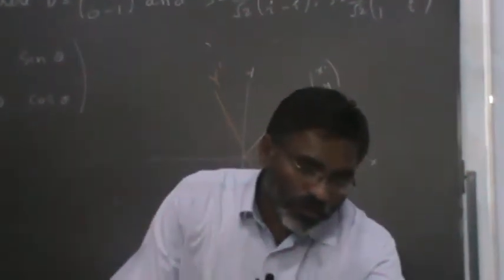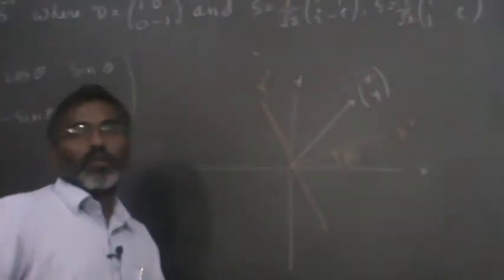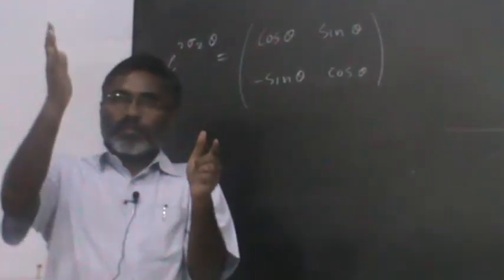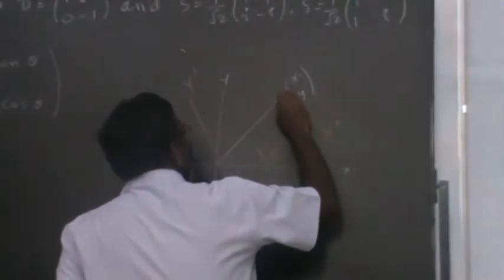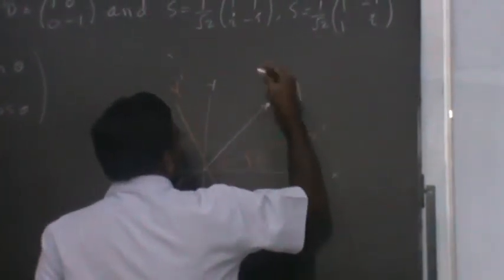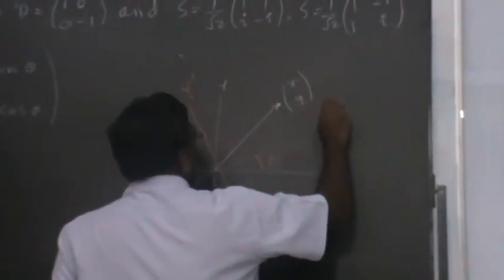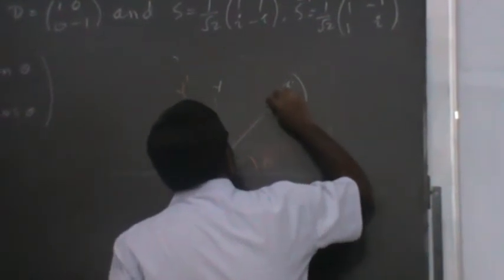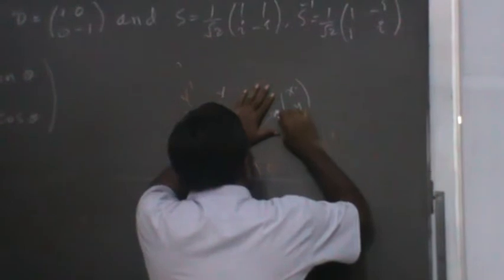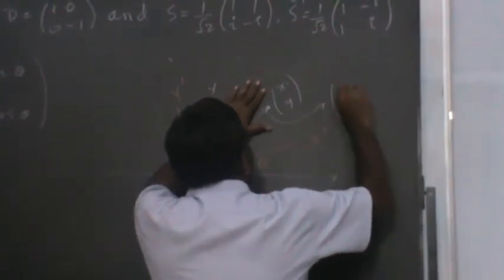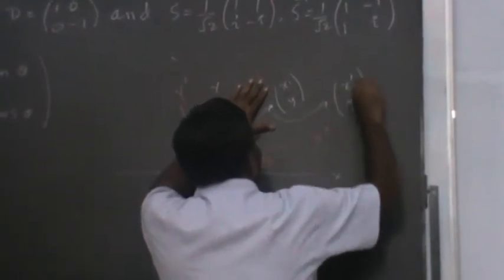Now you can ask the question, what is the transformation? The coordinate system is rotated from xy coordinates to the x prime y prime coordinates. So the same point with respect to xy is x comma y, and with respect to x prime y prime we will call this as x prime y prime.